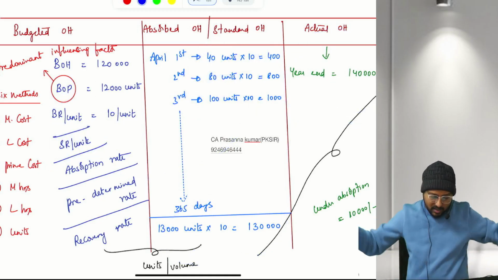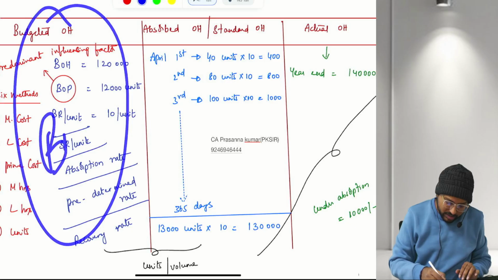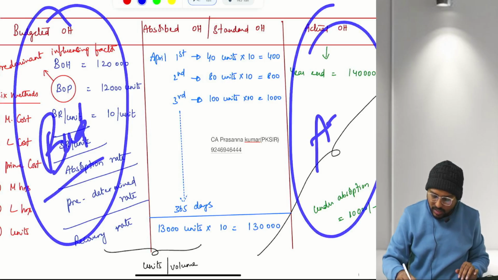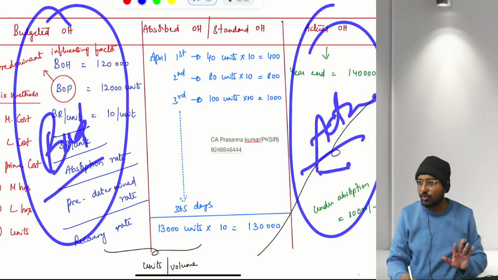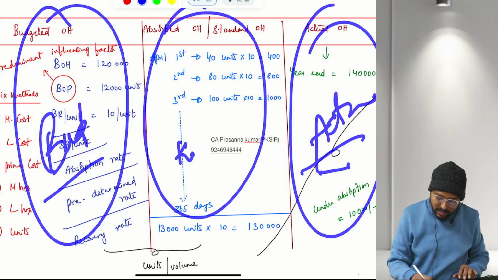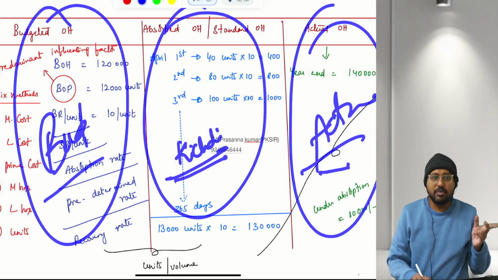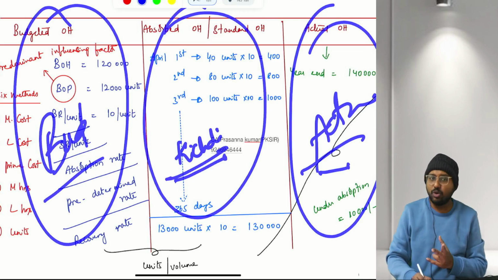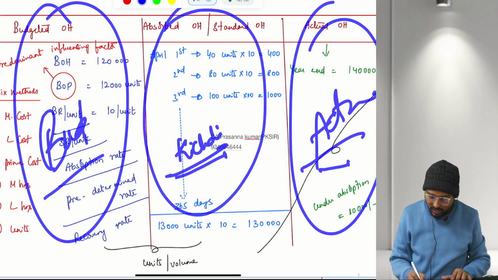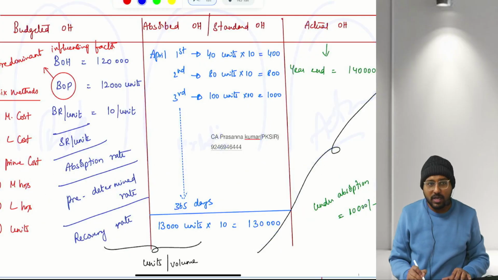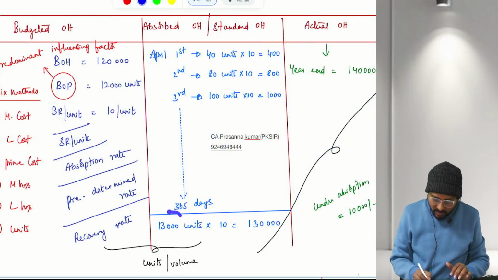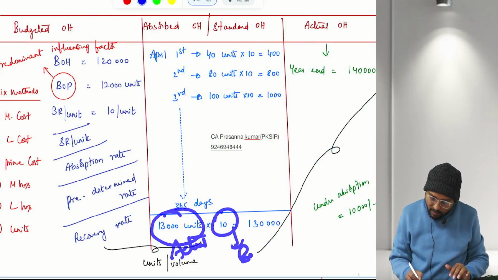See, understand, this is total budget. This is total actual. There is no problem with respect to these two. This is khichdi. What do you mean by khichdi? Neither budget nor actual. It's a mix of both. You have 1,30,000 here. This 1,30,000 is a mix of both. 13,000 is the actual figure. 10 rupees is the budgeted figure.